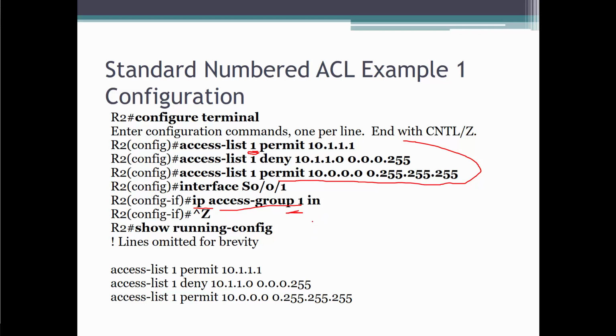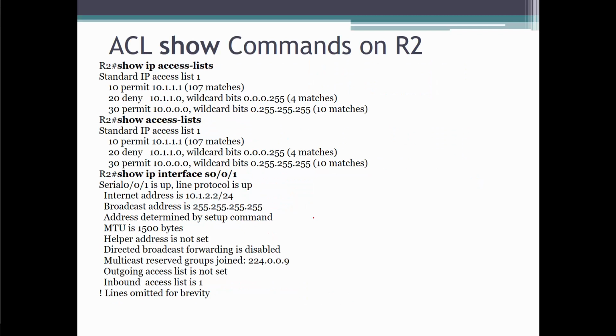Are we doing it on the inbound or outbound direction on that interface? If we want to use some show commands, show ip access-list shows you the IP access lists, and show access-lists shows you the access lists. If we want to look at the appropriate interface, it's the same thing.